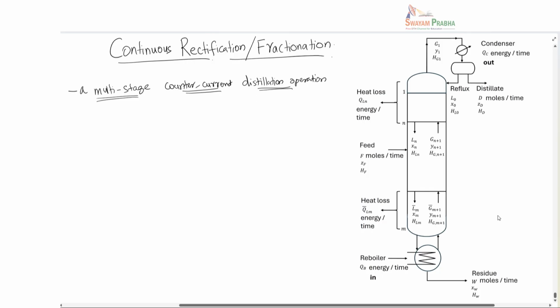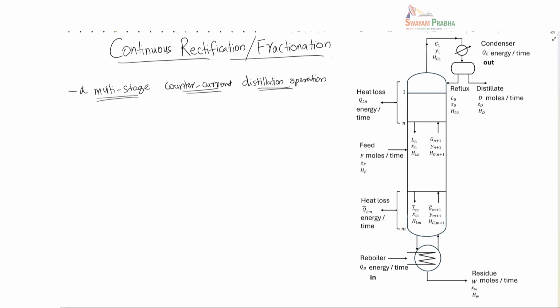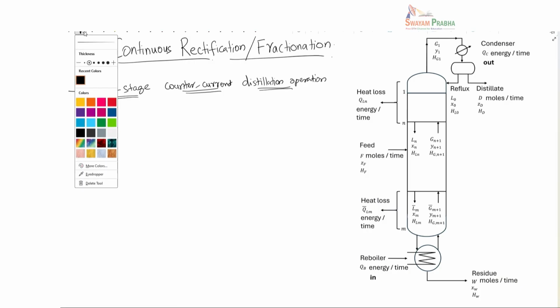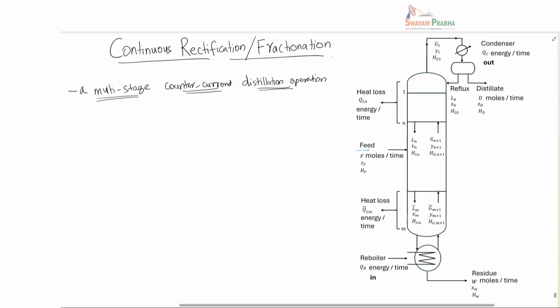Okay, it's something like a sieve tray column, or it could be a bubble tray column. Its only job is to provide enough interfacial area between the two phases, vapor and liquid. Okay, the tower that you see here can be a sieve tray or it can be a bubble tray, and it allows good contact between vapor and liquid. Here the way we operate is that there is something called feed.